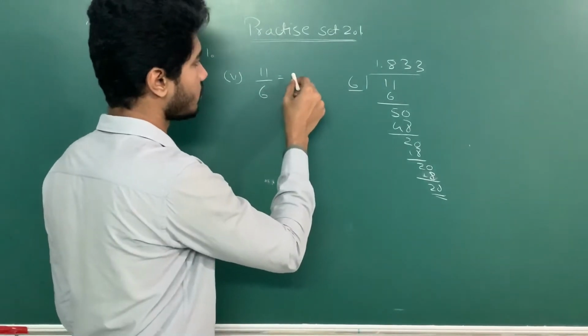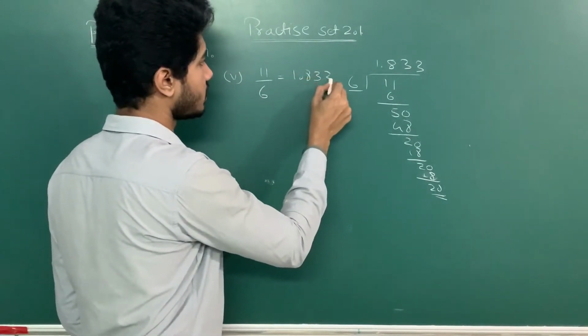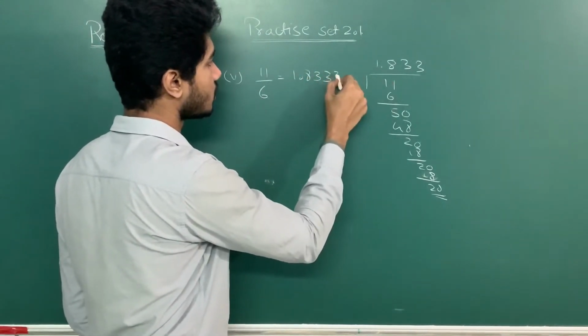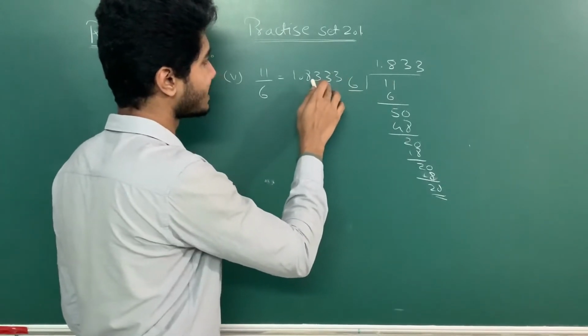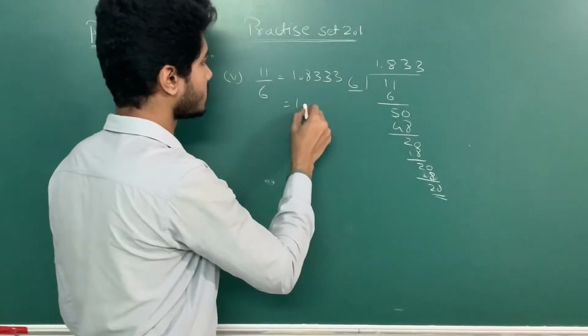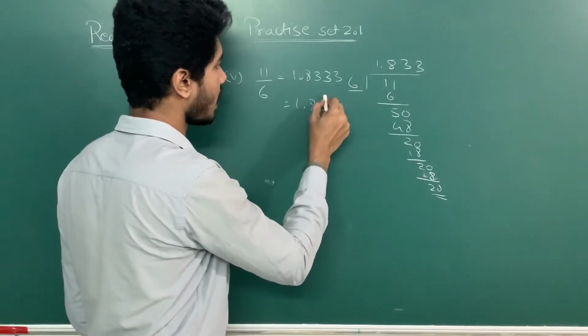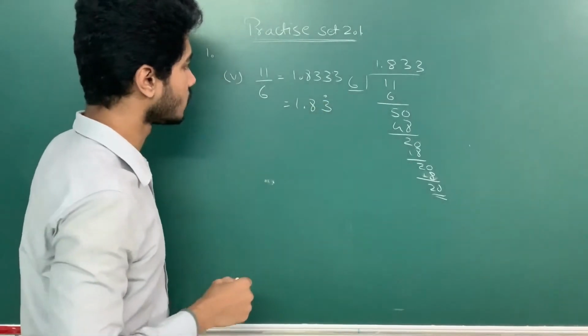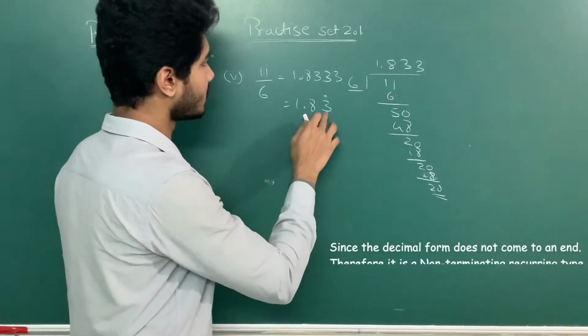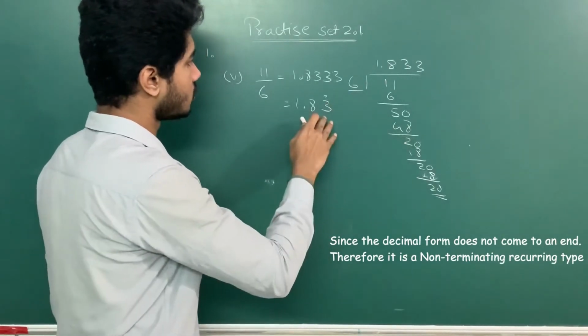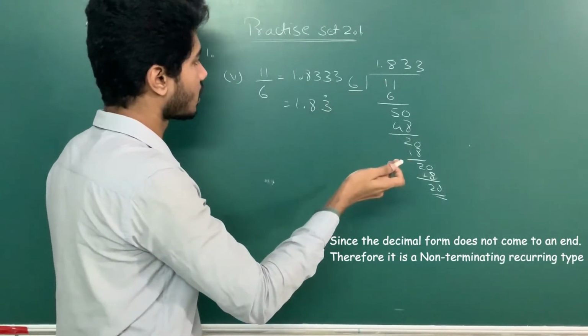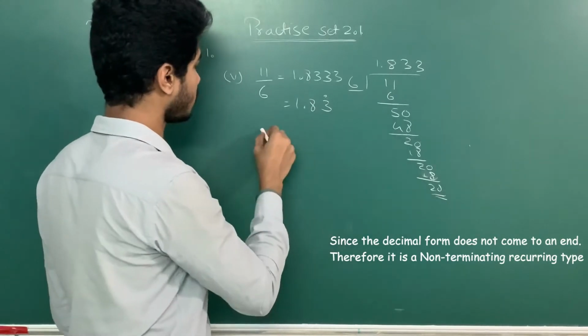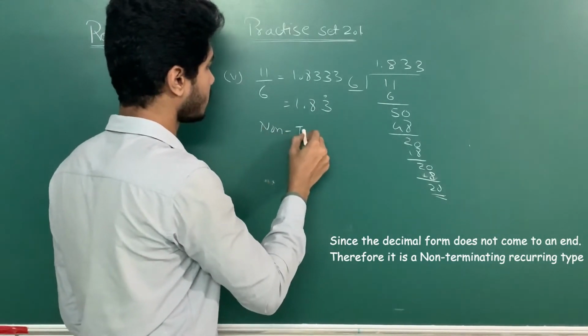Therefore, we can write 11 upon 6 as 1.833. Now in this case, the number 3 after the decimal is recurring. So we can write this as 1.83 with a dot over the 3. Therefore, the number is recurring, the decimal form cannot come to an end, therefore it's a non-terminating type.